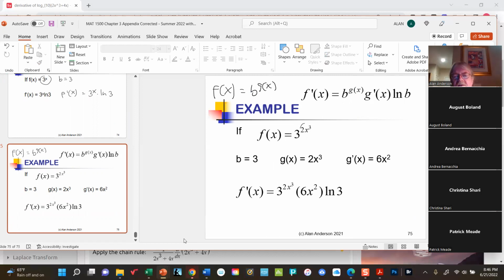So this is g of x right here, which according to the power rule means that g prime of x is 6x, b is of course 3. And so when you plug these in, right here we have b raised to the g of x, the original function. G prime of x is here. And then finally, this is log b.